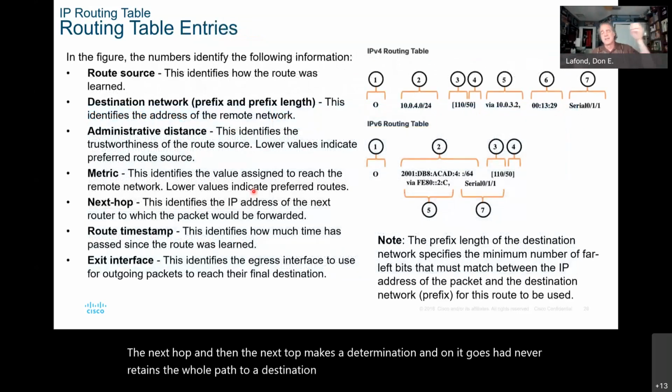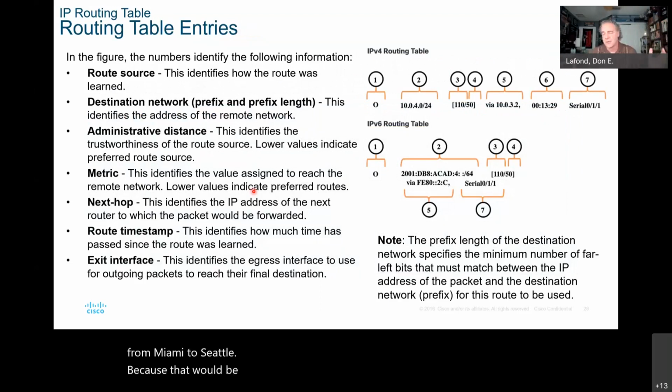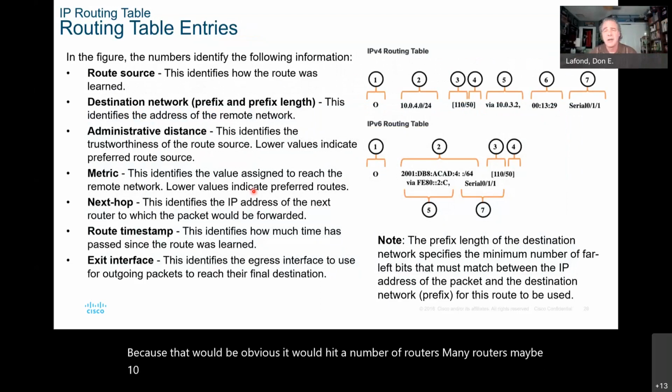I like to explain it with an example from Miami to Seattle, because that would be obvious. It would hit a number of routers, maybe 10 routers in between. Why would it keep all of that information?